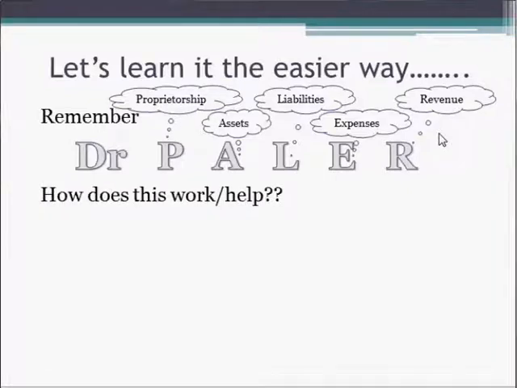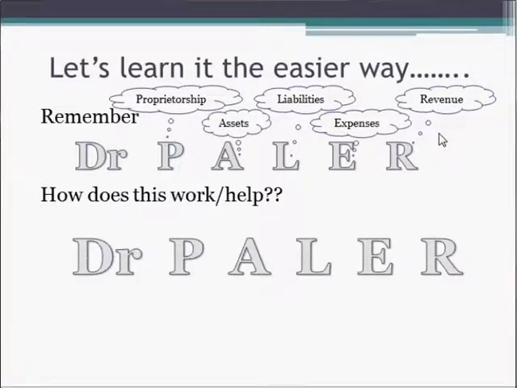And how does this help or work for us? Well, there's a basic knowledge that we need to know, and we should know this by now, that assets increase when it's debited, so we get an increase.